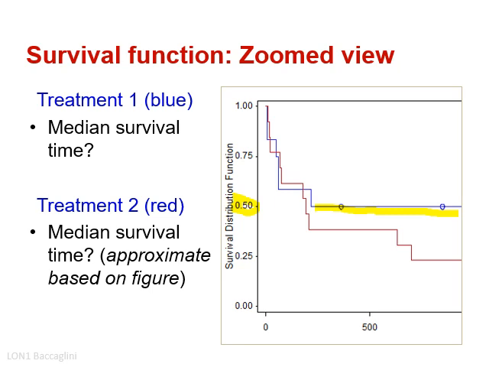The last death occurred at 220 days. For treatment 2 in red, we can see the approximate median survival time in the picture. This seems to be at around 200 days.